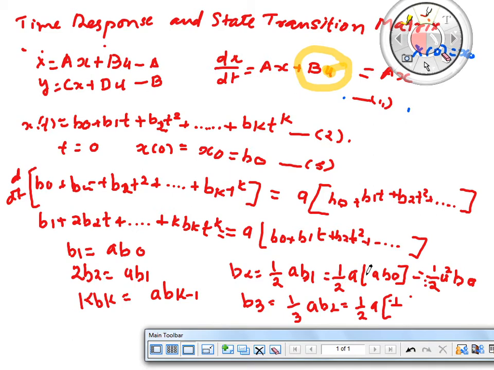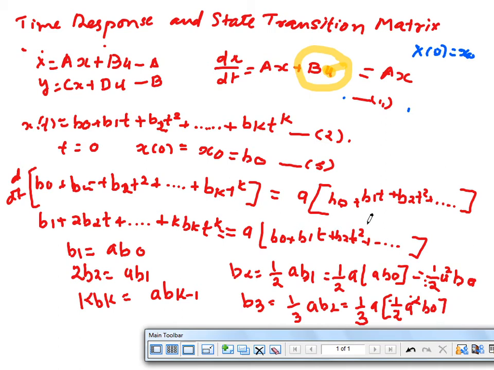For the b2 value, it is nothing but 1 by 3 over here, a into b2. What is the value of b2? 1 by 2 a square into b0.